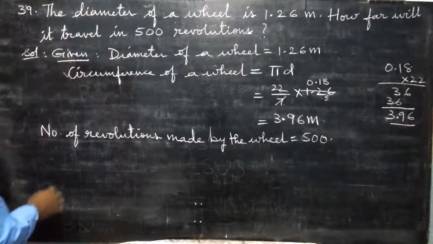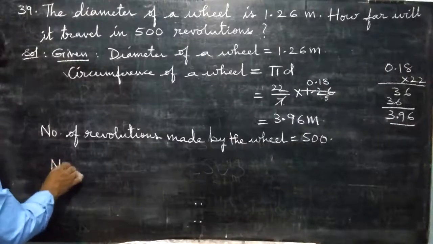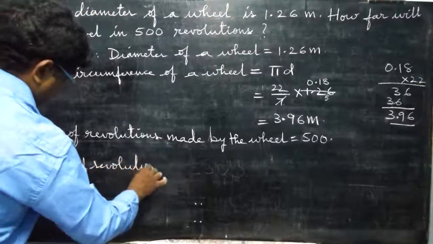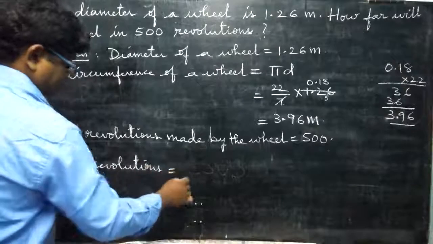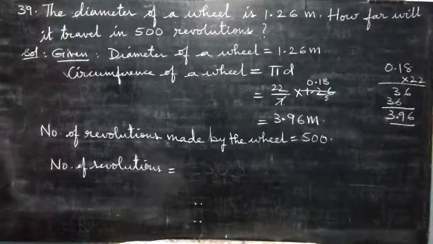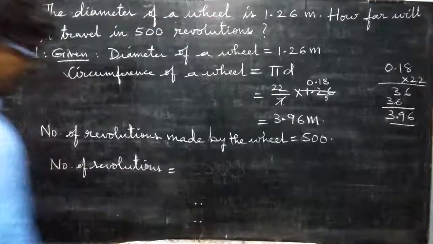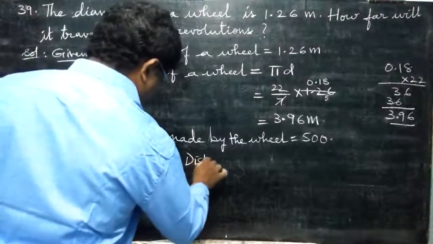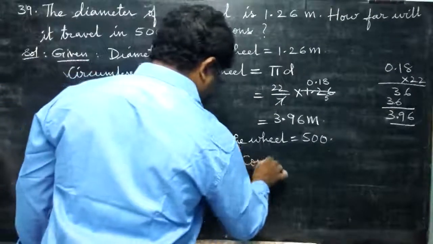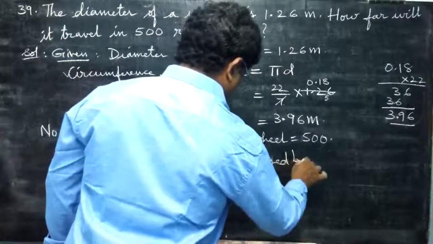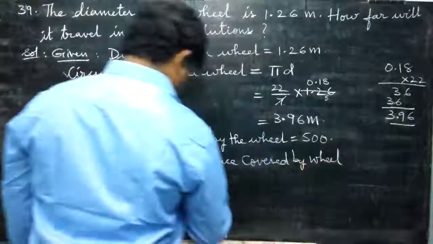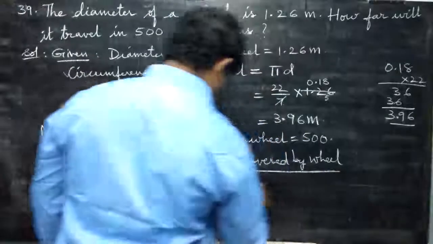Number of revolutions is equal to distance covered by the wheel by circumference of the wheel.